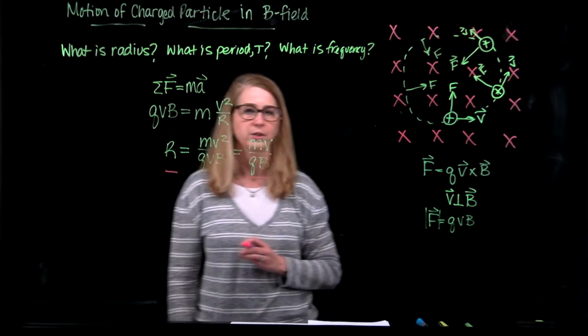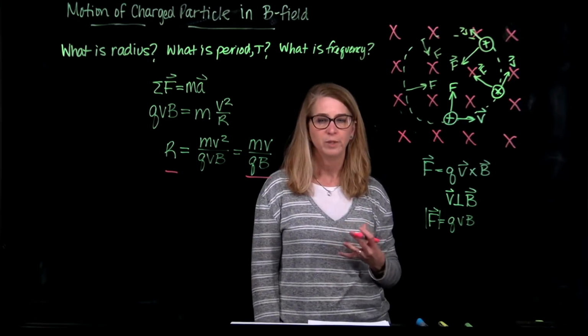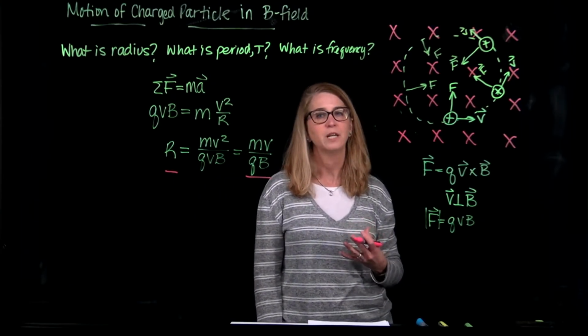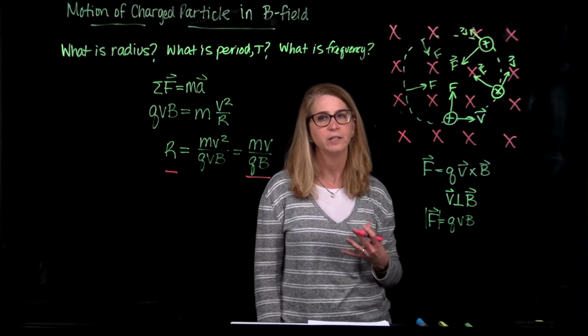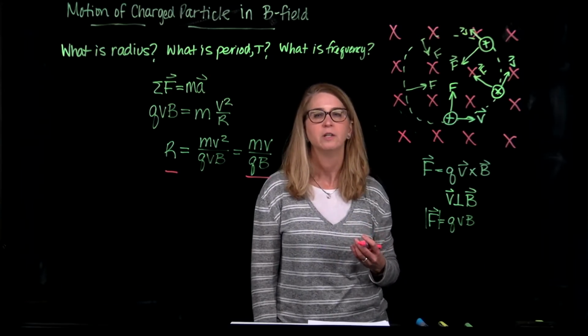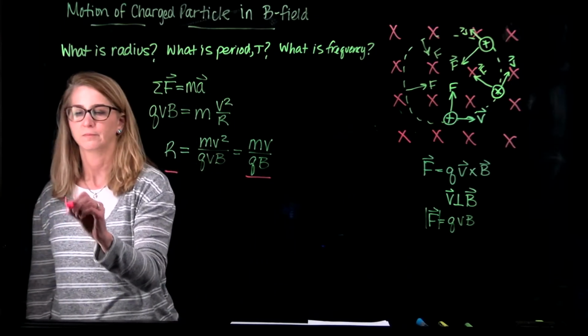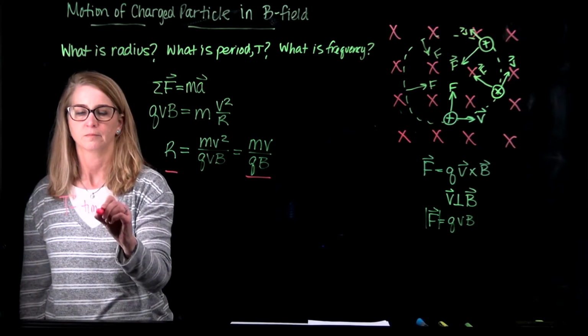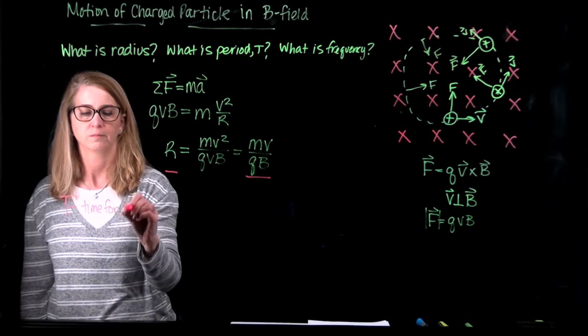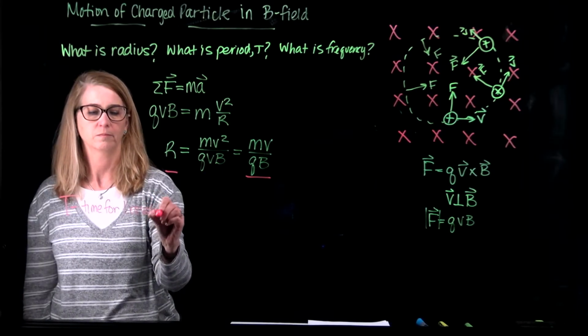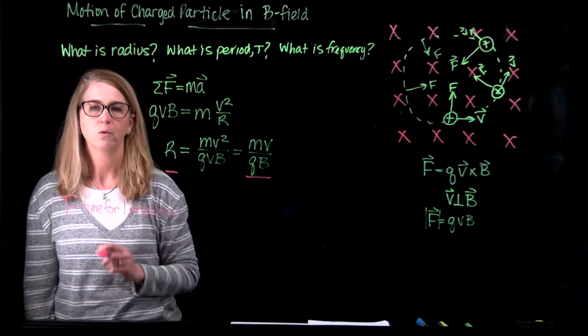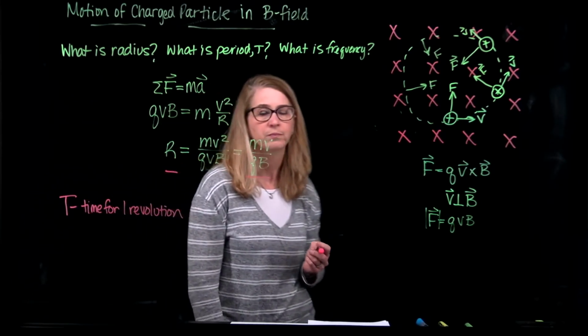and find that radius. Now the period is something else that we might want to know. The period is the amount of time it takes to go through one complete revolution, or once around the circle.